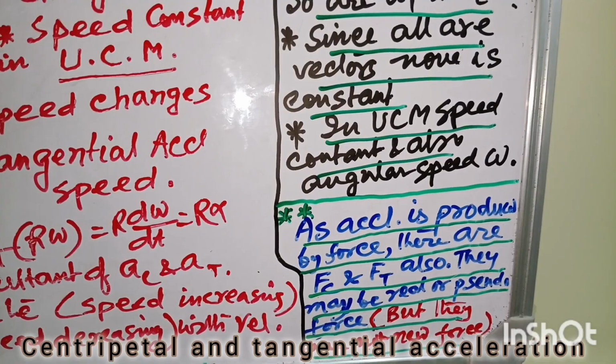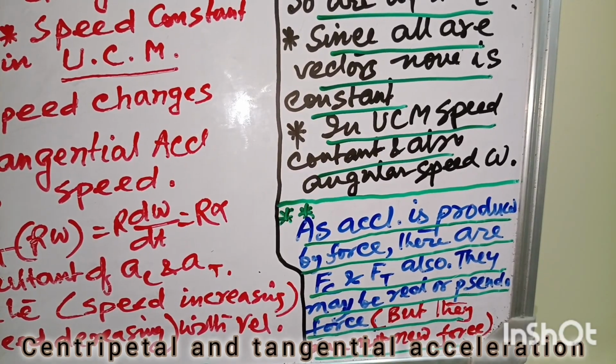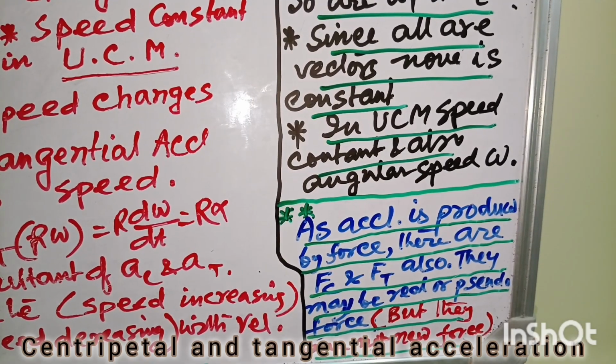Now any real force, suppose tension, suppose gravitation, can act as this. Suppose when you are revolving a stone about your finger with a string, then the tension in the string acts as centripetal force. And when the earth revolves around the sun, the gravitational force acts as centripetal force.